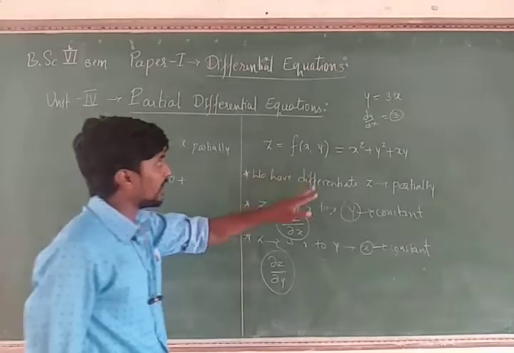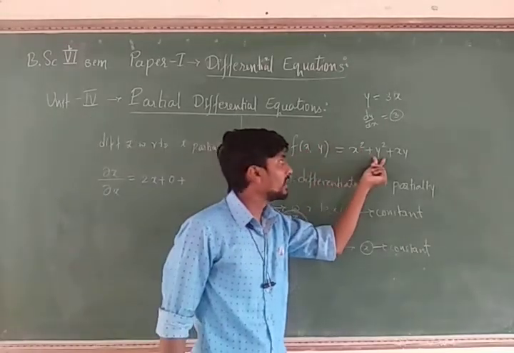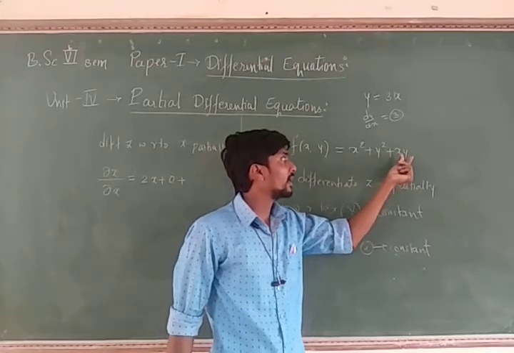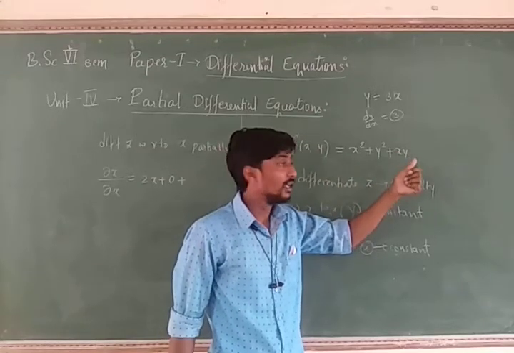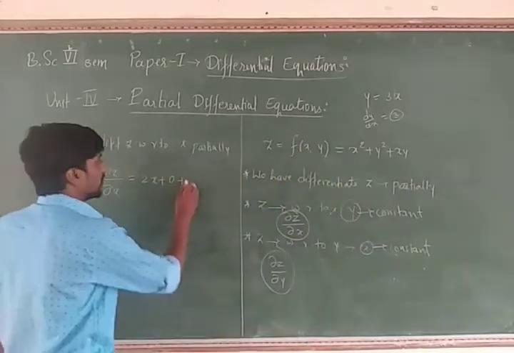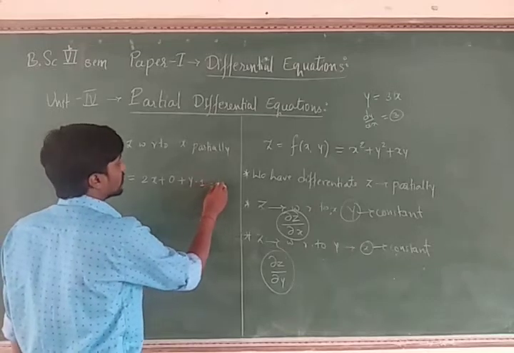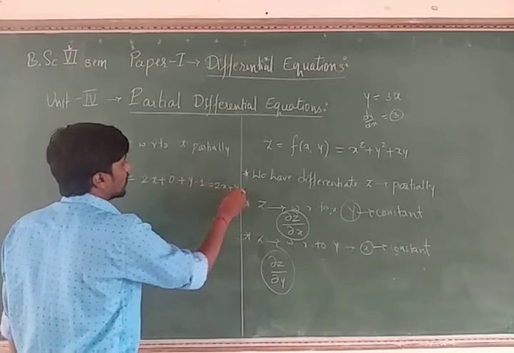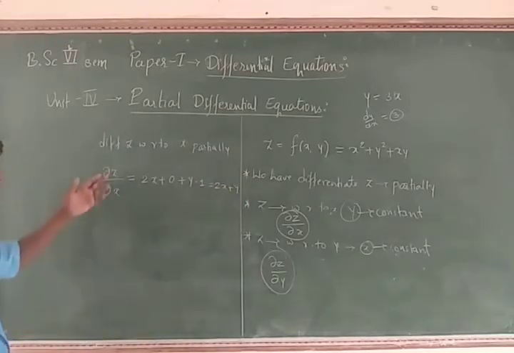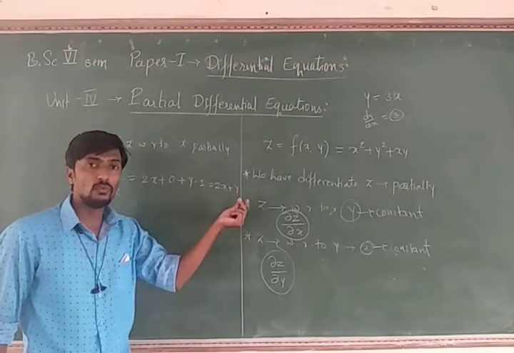Similarly, we are differentiating z with respect to x, where y is taken as a constant. The differentiation of x is 1, but there is a constant present, so it is y into 1. Therefore the differentiation value is y. Look at how the procedure is done here: we get 2x plus y.